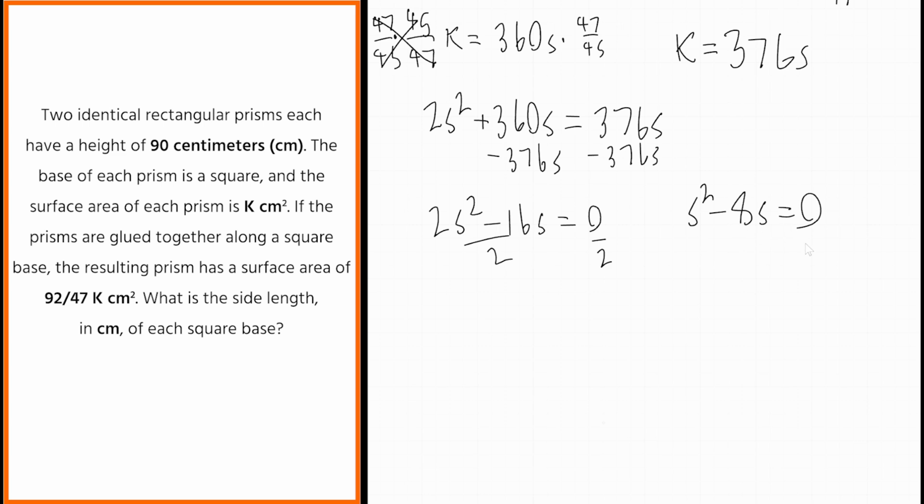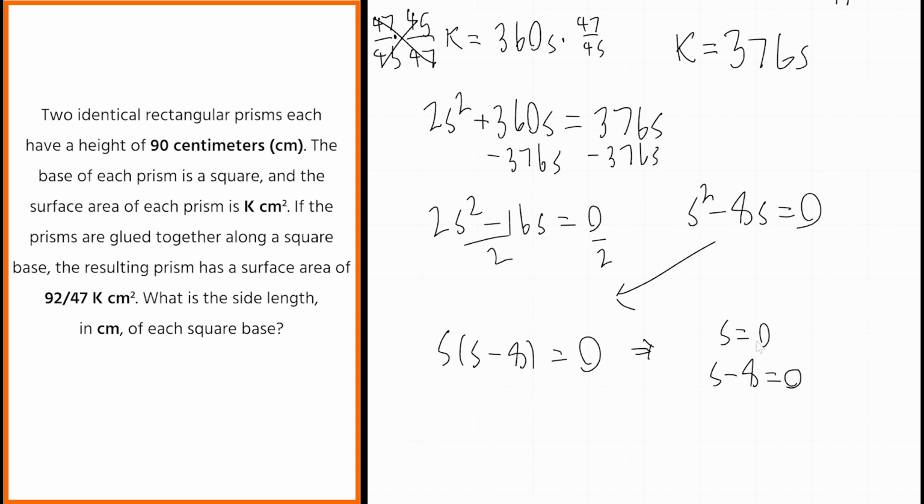And this can be very easily factored into s times s minus 8 equals 0. Now it's easy to see that in order for this whole thing to be equal to 0, at least one of these two terms has to be equal to 0. So this means that either s equals 0 or s minus 8 equals 0.